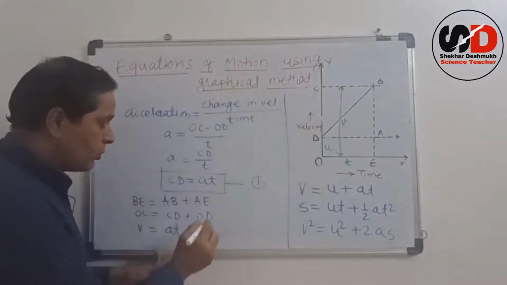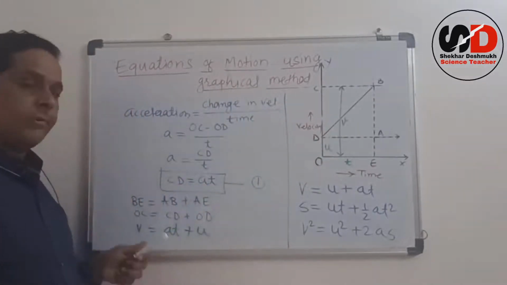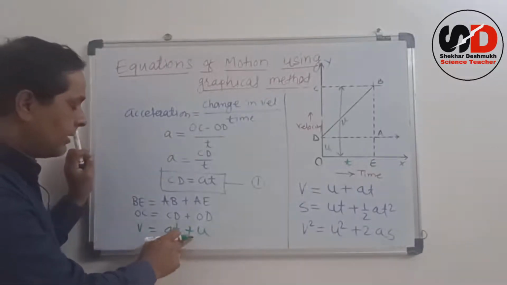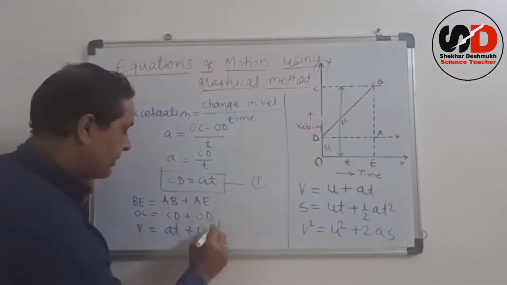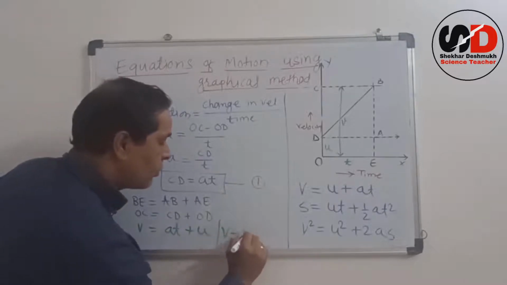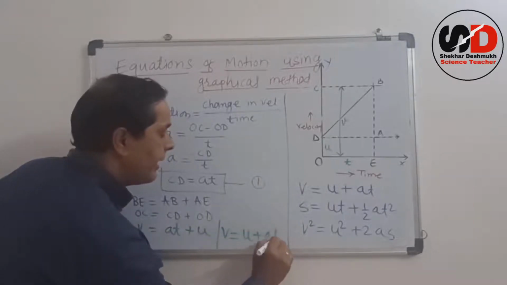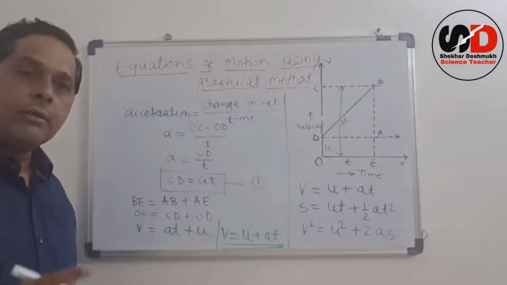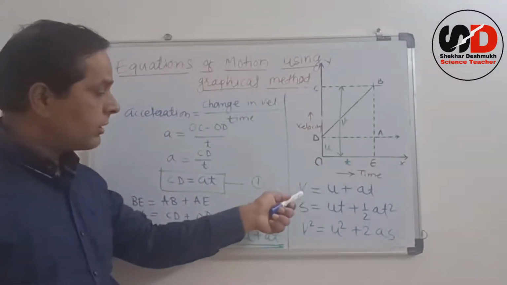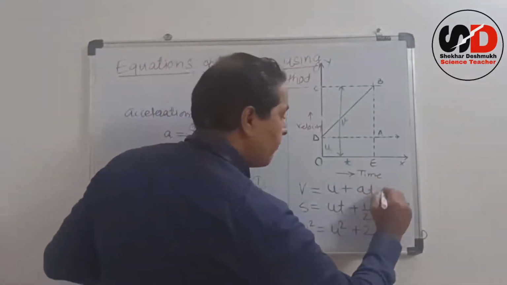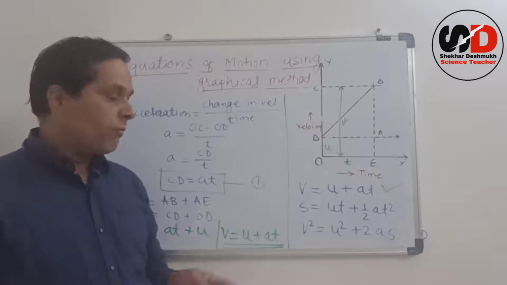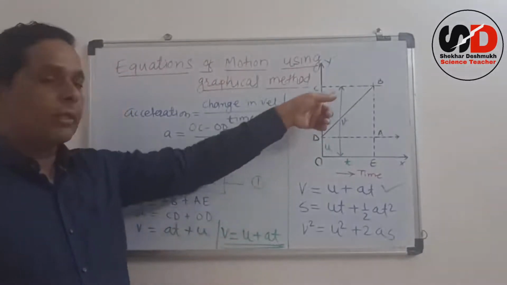So it is U. So V is equal to AT plus U. We can write it as v is equal to u plus at. So this is our first equation of motion. See it here, v is equal to u plus at, which we can prove with the help of this graph.